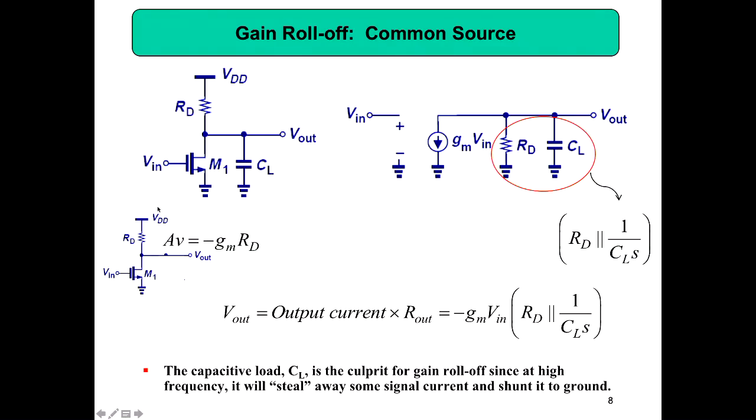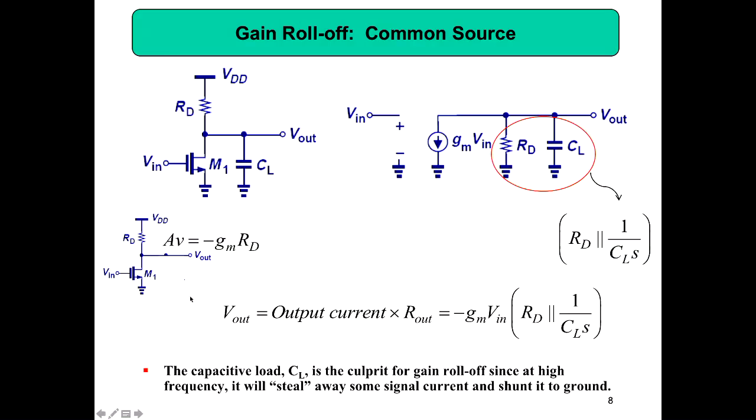And as per this equation, what is the bandwidth? As per this equation, minus GM into RD, what is the bandwidth? How many of you think zero? Infinity. Yes, as per this equation your bandwidth is infinity, but that is not correct in the real world.